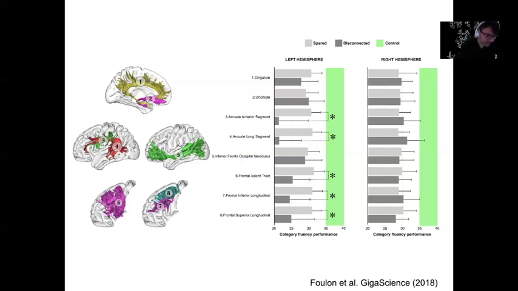But we can also investigate the pattern of disconnection viewed from the surface by using the disconnectome maps. If you do so, then you use every lesion, produce a disconnectome map like in Phineas Gage, and run statistics on it.